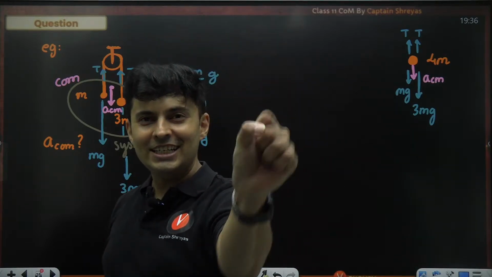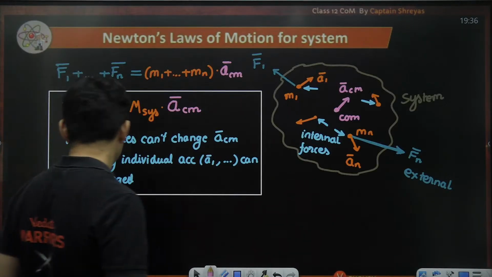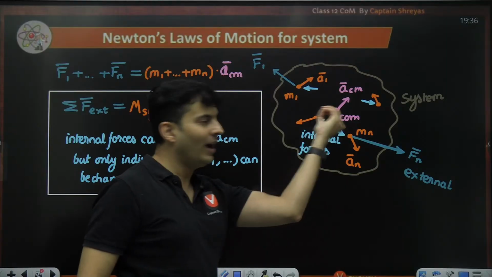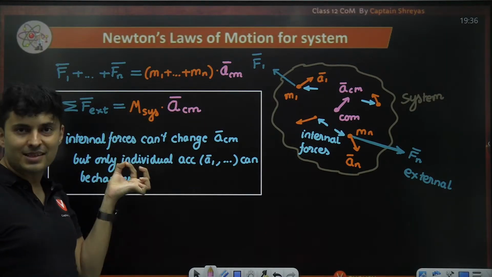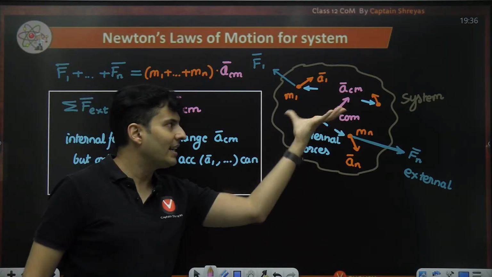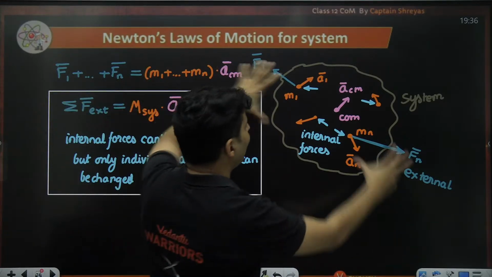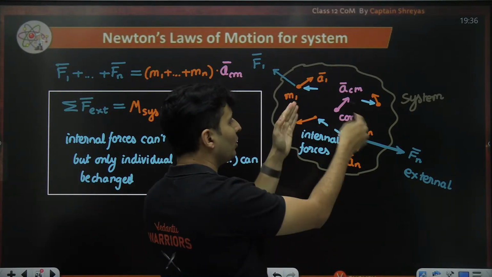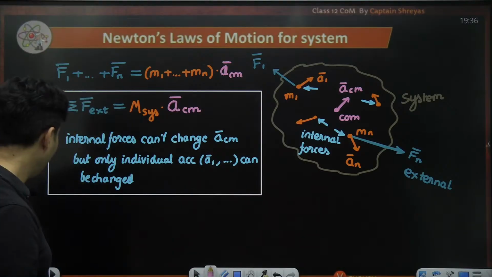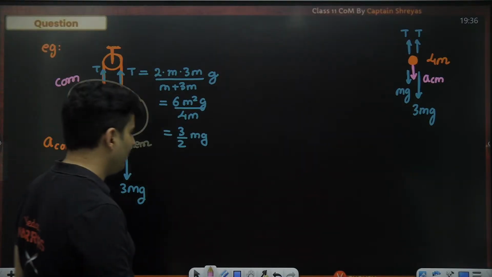It looks as if the entire system has been condensed into one dense mass, M system, and you're trying to find the acceleration of that point mass, only worried about the external forces. You're not worried about what is internal. Internal will anyway get cancelled out. Now it kind of makes sense.